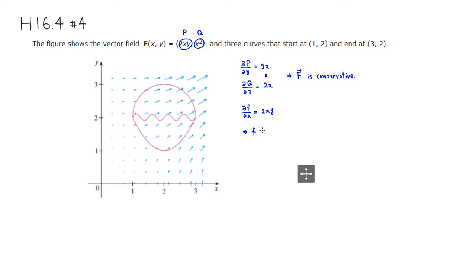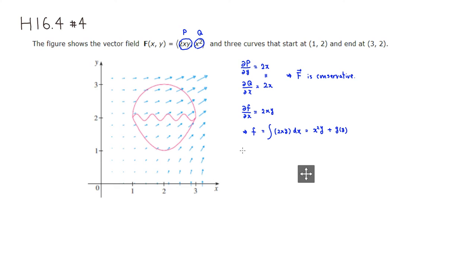The antiderivative of 2xy with respect to x is x squared y, since y is just a constant. And then we might have plus some constant, but the constant could be a function of y, so I'm going to put g of y.